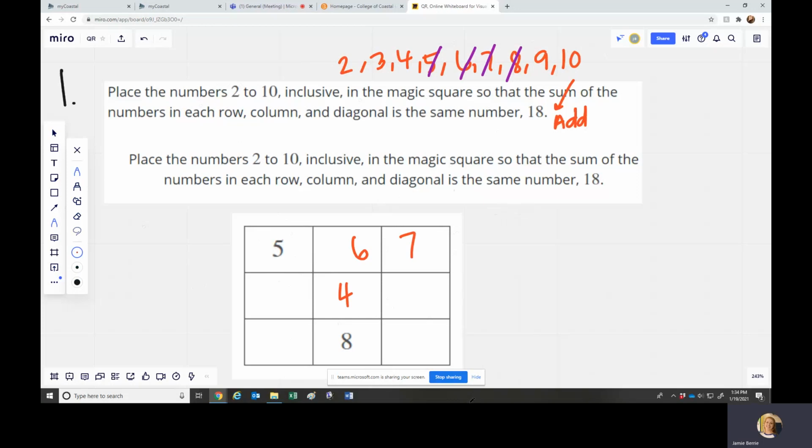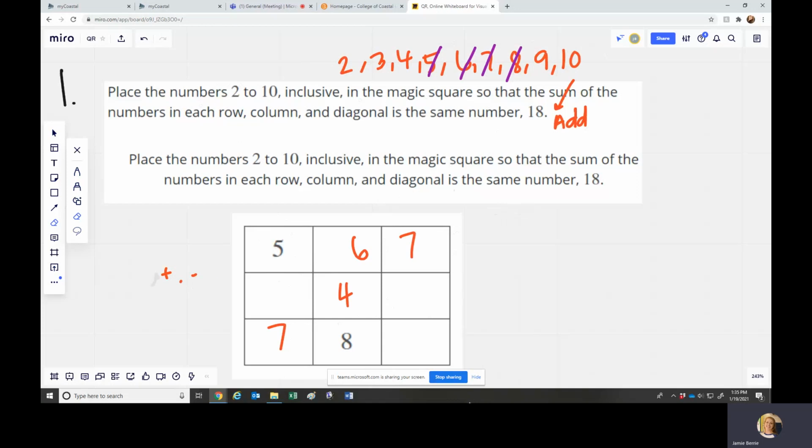Let's see here. 7 plus 4 is 11. 11 plus what will give you 18? That would be 7, right? Well, we couldn't do 7 there because we already used 7 one time. So that's not going to work. Just keep in mind that that combination didn't work.